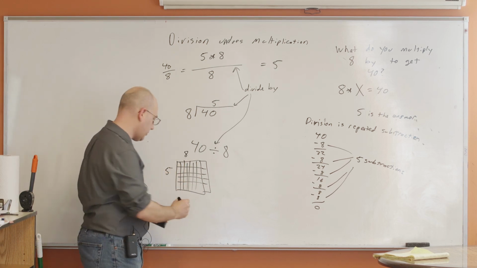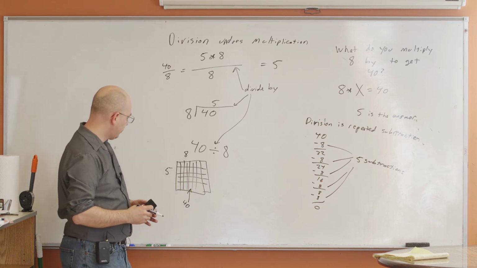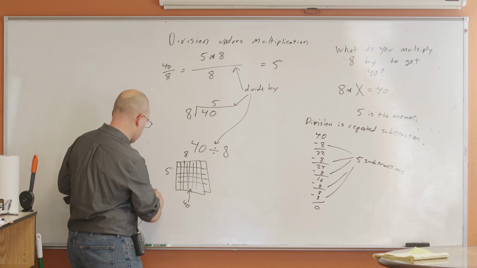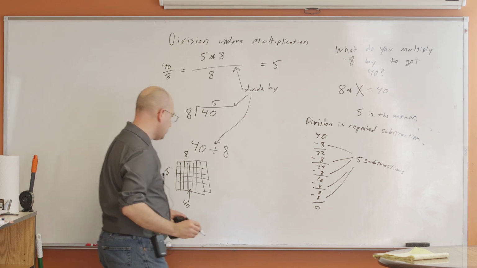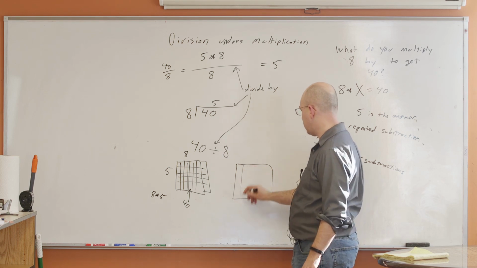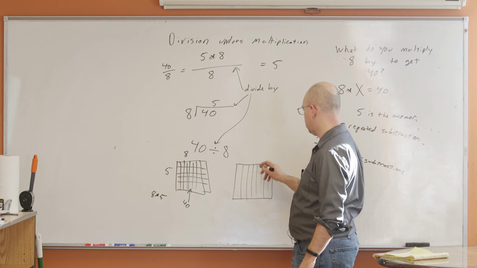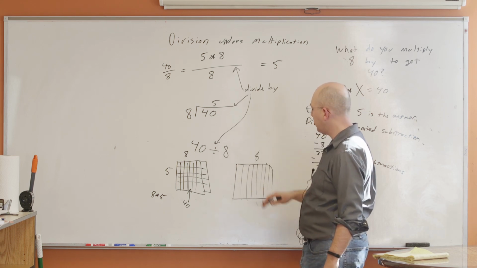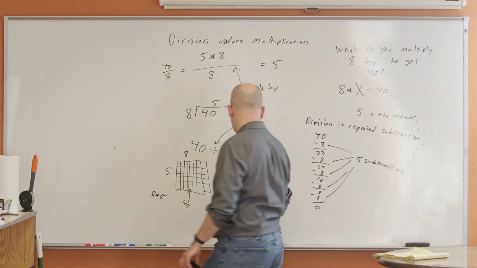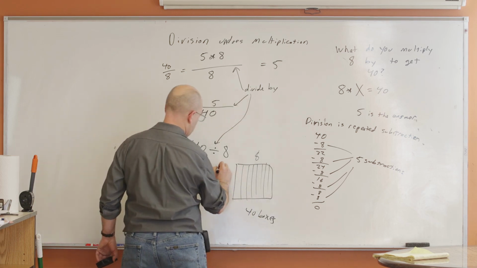You count the number of squares, and it should be 40 squares. So that's 8 times 5. So another way of viewing division is you've got your 8 columns, and then you want 40 boxes. So how many rows?